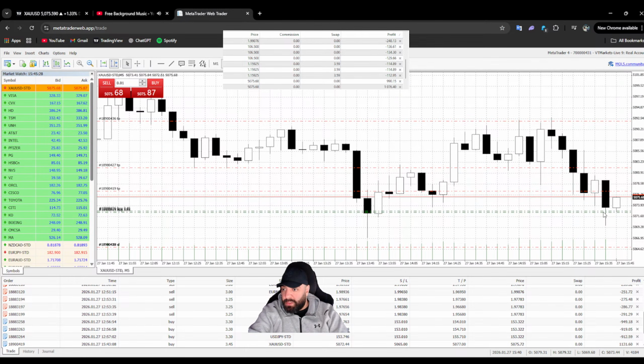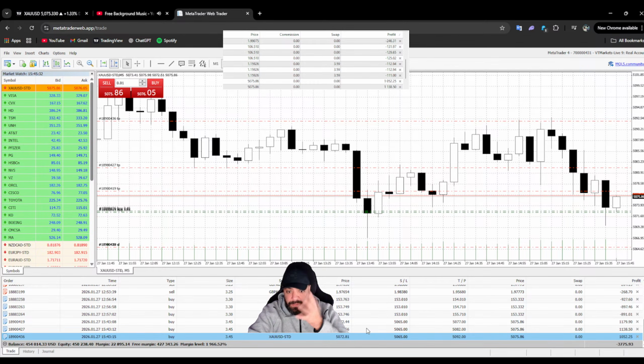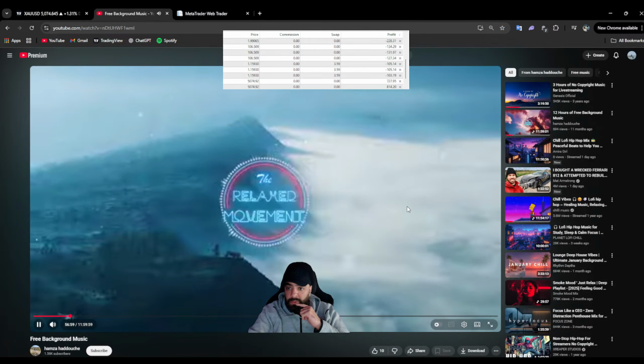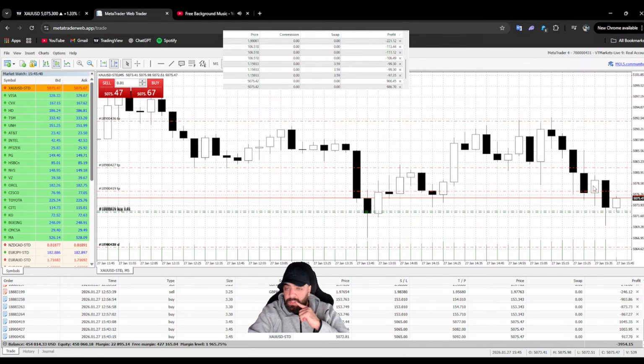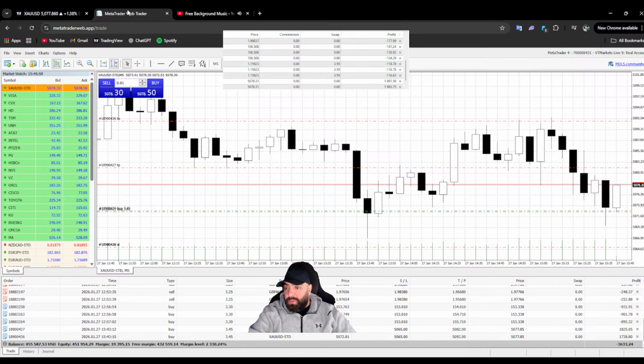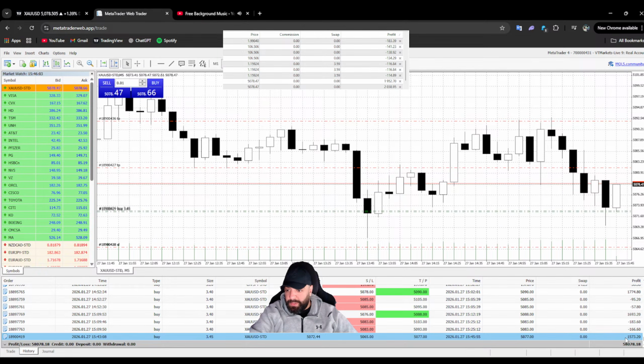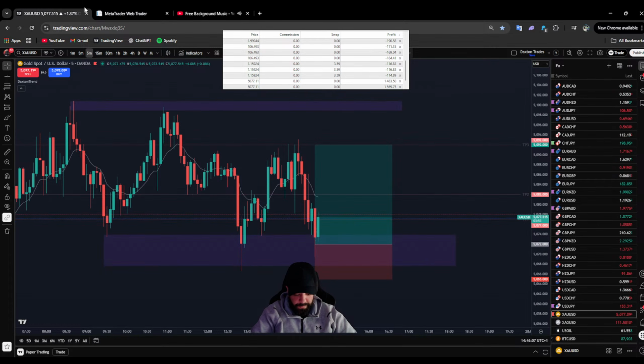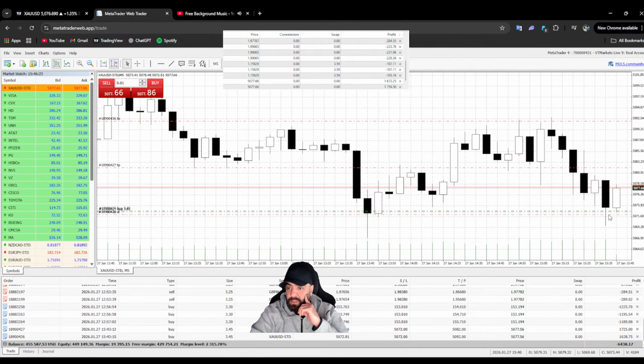So let me see. Yes, the entry is here. You can see 72-ish. So if we go to 77, it will be a TP1. Then I move the stop loss to the entry. TP1 is hit. Let me see. Yes, I move the stops to my entry. And 72 and 72. So the stops are already at entry right here.